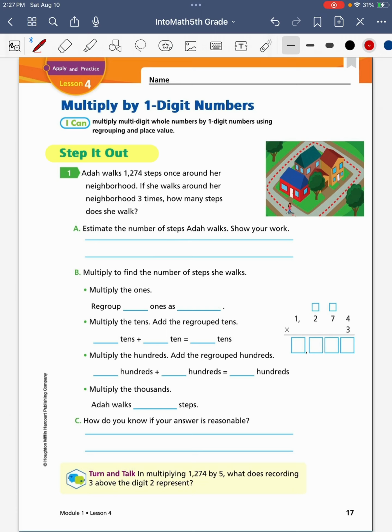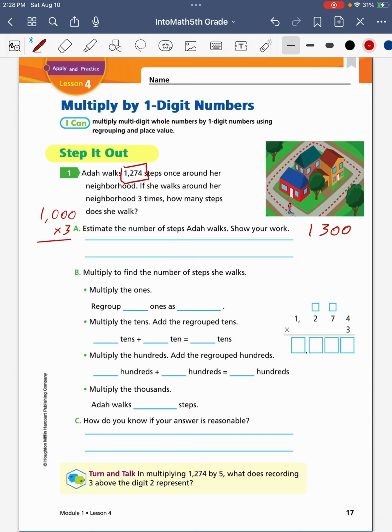When we are estimating, we are quickly rounding a number to the nearest thousands or hundreds place. The number in question is 1,274. This could round to 1,000, or if I'm rounding to the nearest hundred, it could round to 1,300. Either is acceptable.